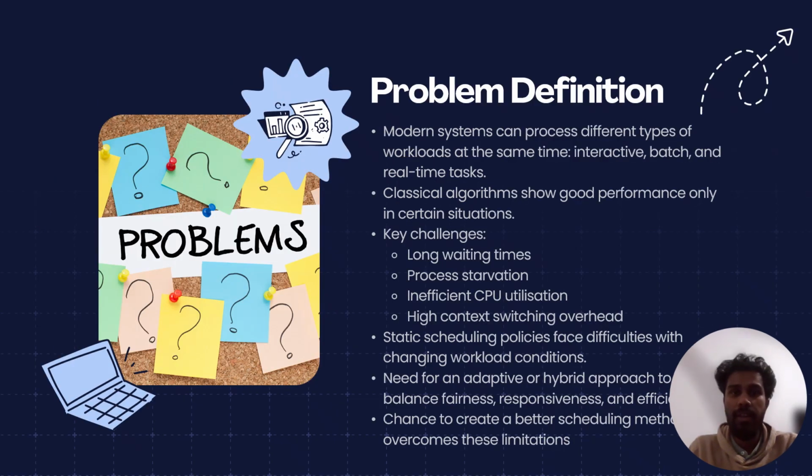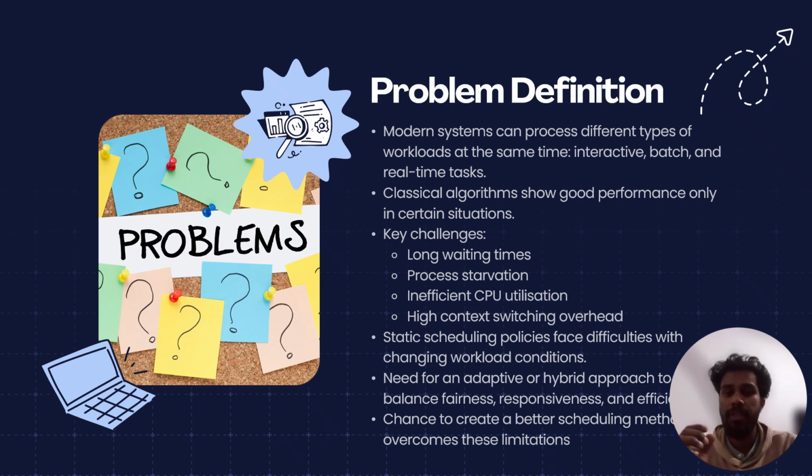Here is the problem definition. This project addresses the limitations of classic CPU scheduling methods, which struggle with unpredictable and diverse workloads. First come first serve can cause long waits. SJF requires accurate burst prediction.